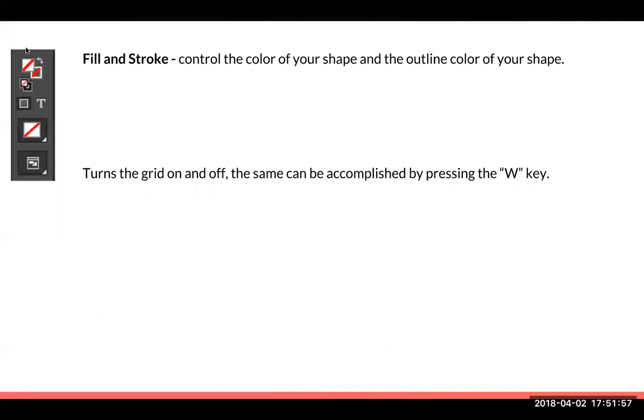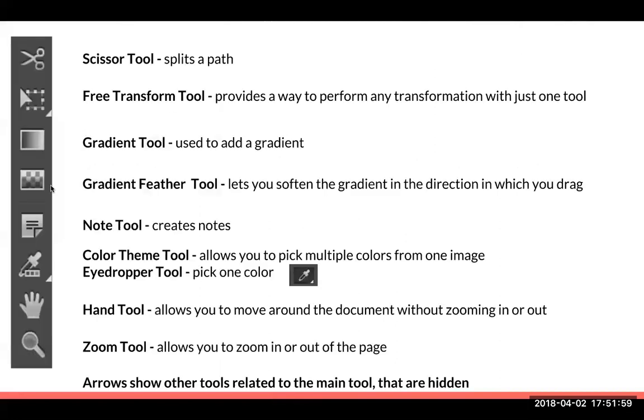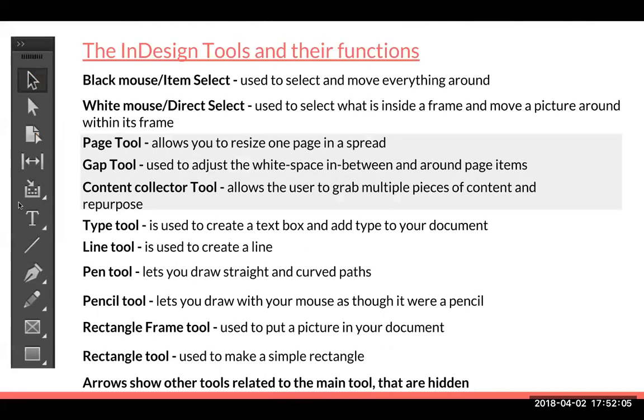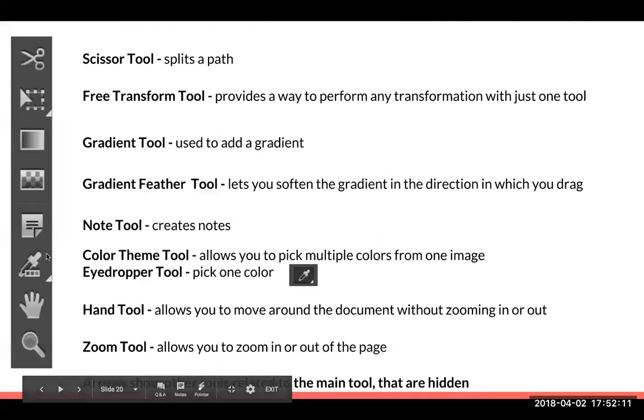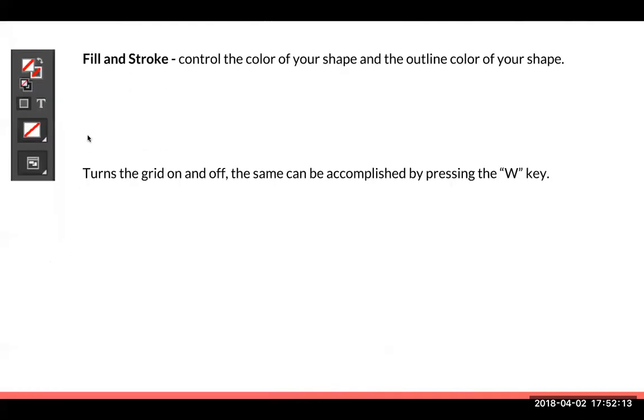And then down here at the bottom, you might have noticed there's little subtle indents in the toolbox. It just puts certain things that have something to do with each other into sections. So this very last section is the fill and stroke. Those control the color of your shape.